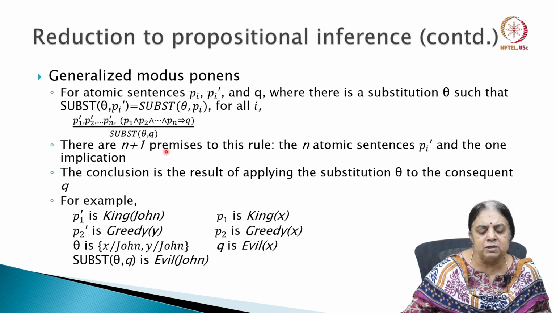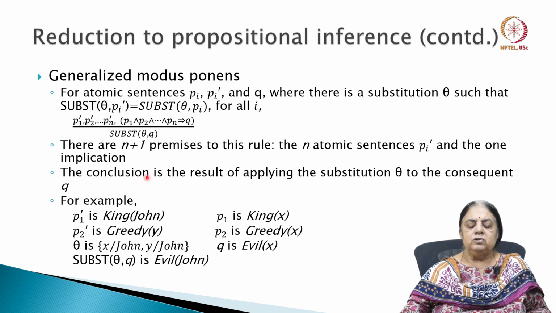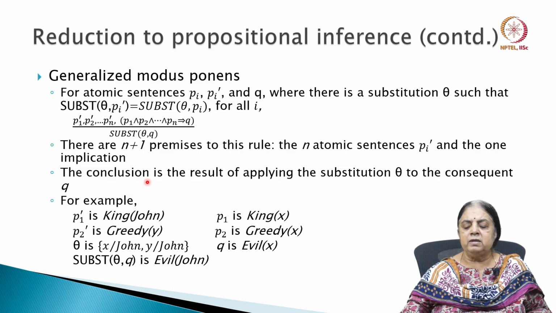Actually you have n plus 1 premises: these n premises, and this one sentence. So you apply the substitution theta to Q.